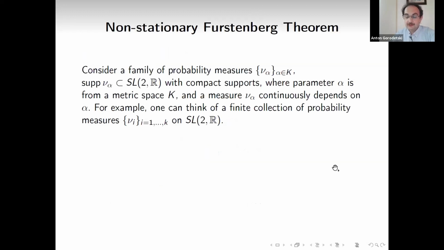And in order to formalize that question, let's do the following. First of all, let's consider a family of different probability distributions. We want all those distributions to have compact supports. I believe that this is a technical statement that can be avoided, but we assume that.